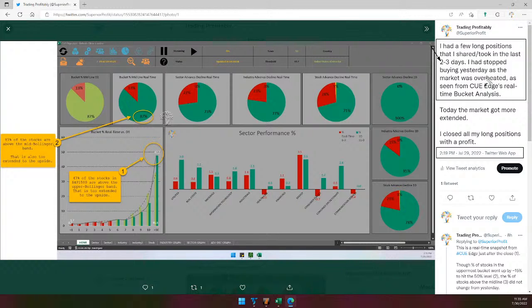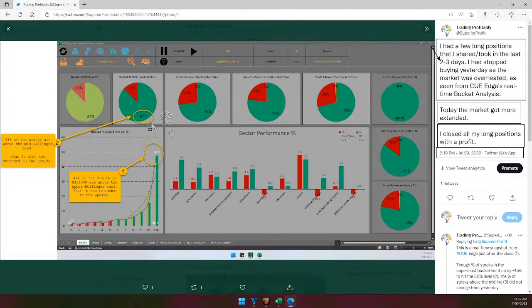I had stopped buying from Thursday as the market was overheated, as seen from QAG's real-time bucket analysis. Today the market got more extended and I closed all my long positions with a profit. So I started buying from Wednesday, and those positions I closed on Friday.